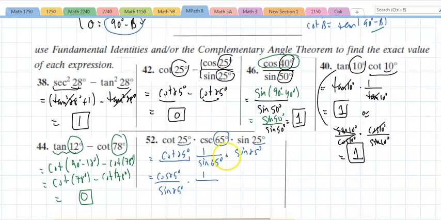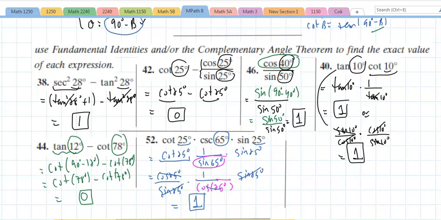This right here, isn't that the cosine of 90 minus 65? 90 minus 65 degrees is 25 degrees times the sine of 25 degrees. And what do you notice? This cancels with this, and this cancels with this, and you're left with a 1.